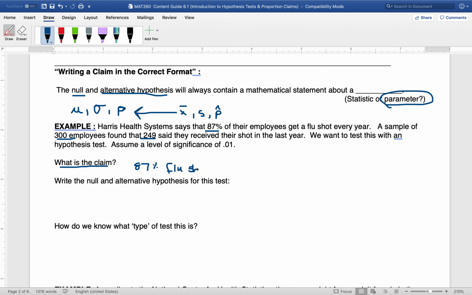And what we want to do is write this in statistical terms. So this 87% is a percentage, and usually when we see percentages, these are proportions. So we're going to say that the population proportion, p, they're claiming equals 0.87.